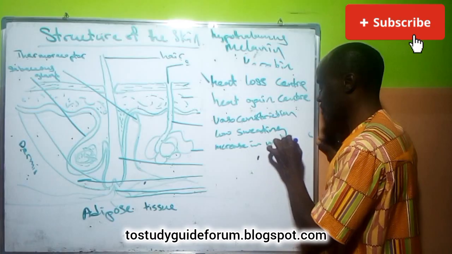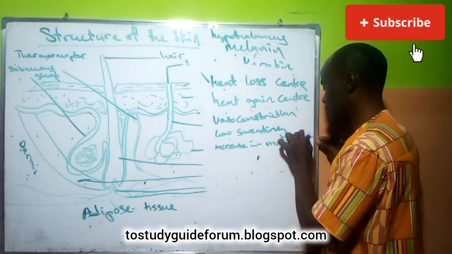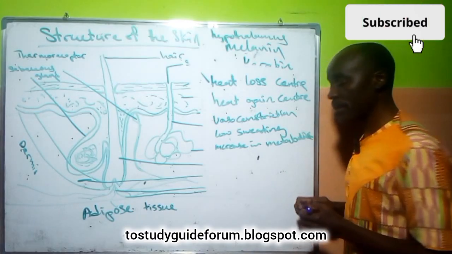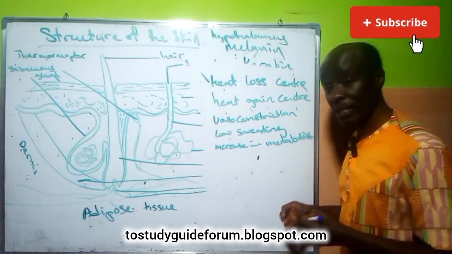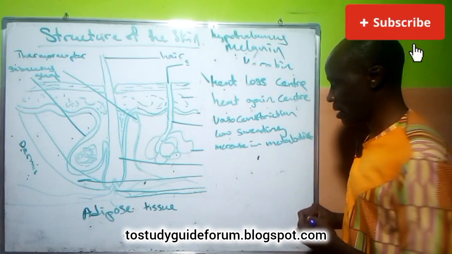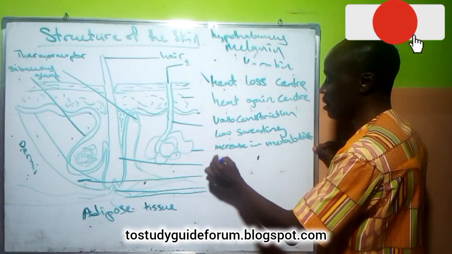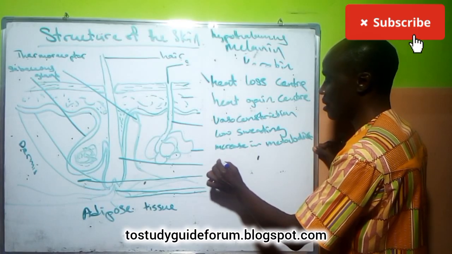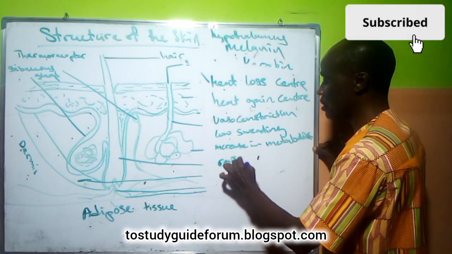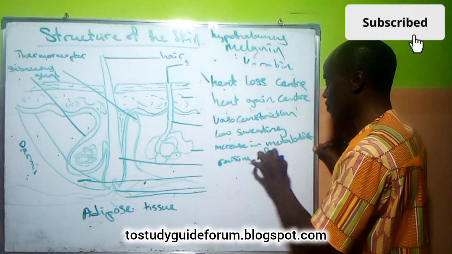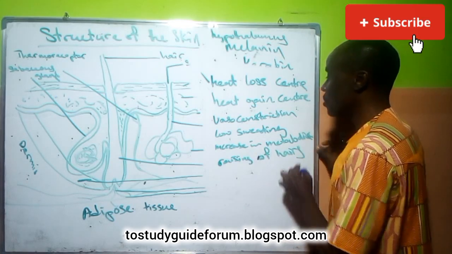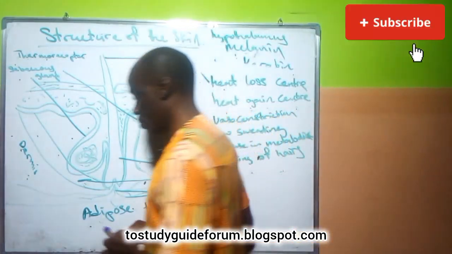Metabolic activities. Metabolic activity will be very, very high this time around. So the last one I want to talk about here is the raising of the hairs. The hairs will go up.